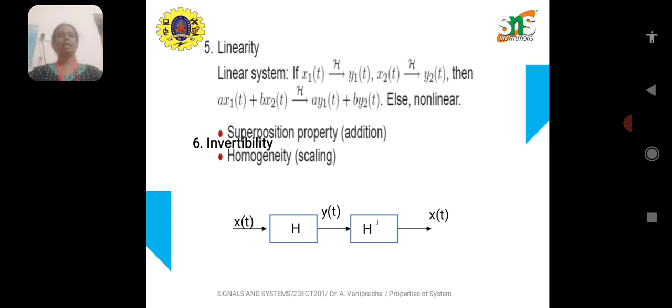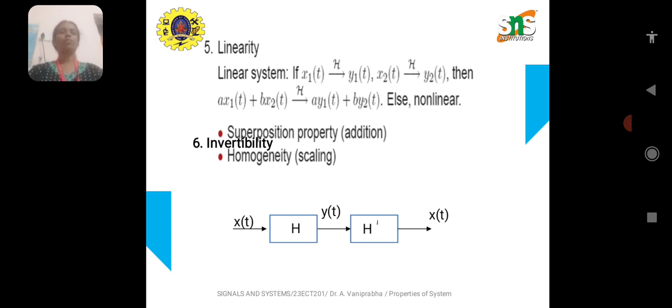Homogeneity means scaling. Superposition means addition. These two principles have to be satisfied to check whether the system is linear or not.